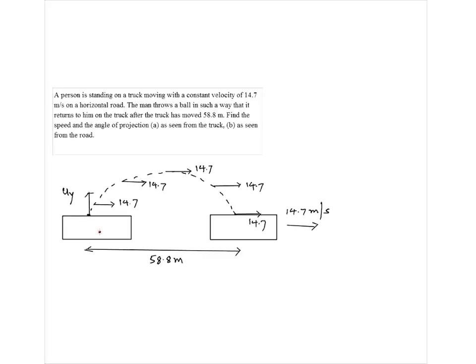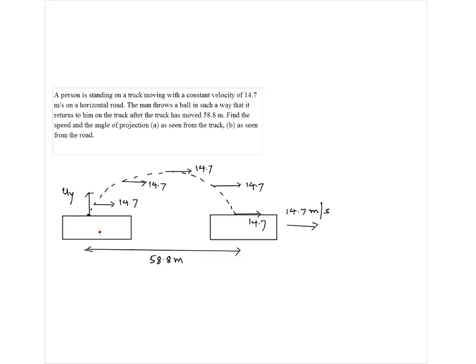So if you look at x direction, it is 14.7 for the ball, it is 14.7 for the truck. So is ball moving horizontally for the truck? No. Ball is not moving horizontally for the truck. Ball is only moving vertically for the truck.